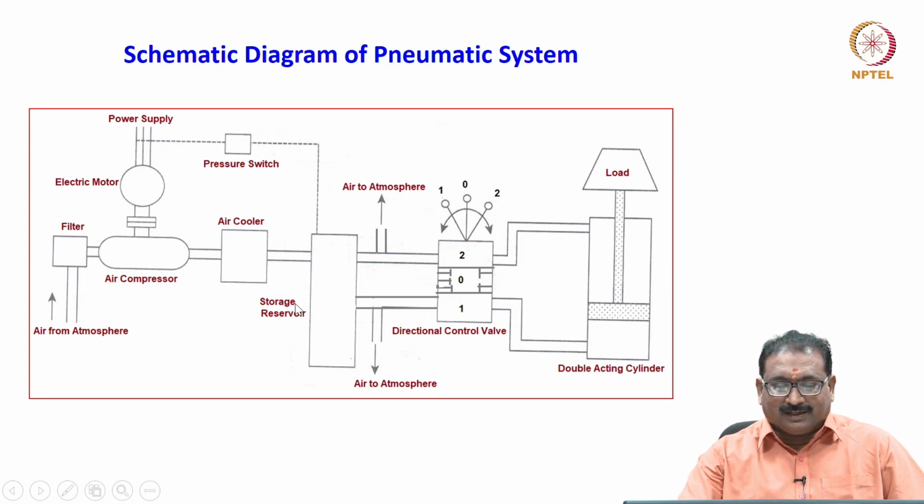Again you will see the receiver tank here, storage tank, air coolers, air compressor, and electric motor to drive the compressor. The pressure switch is essential to switch the electric motor on and off when a sufficient quantity of air with required pressure is stored in the storage tank.